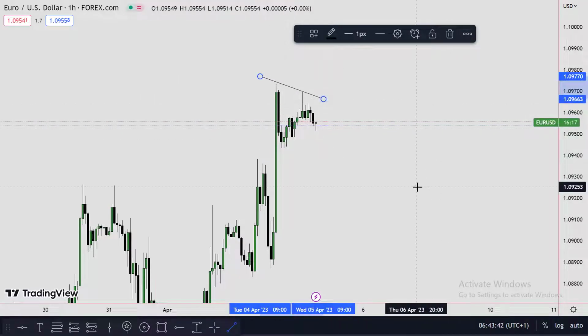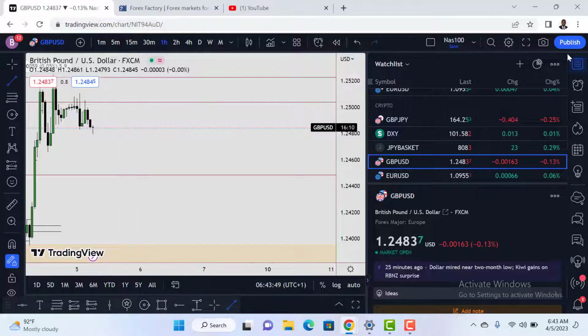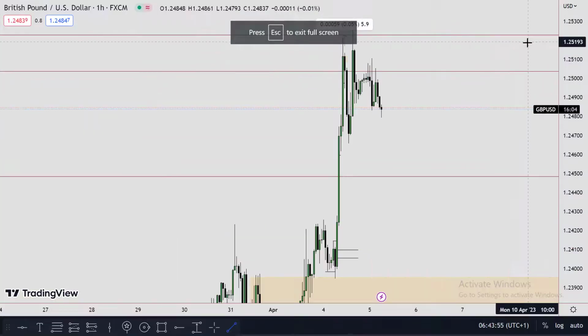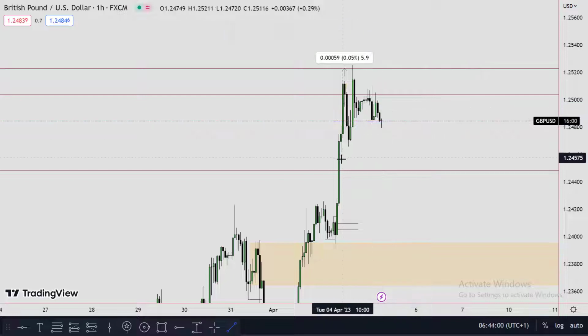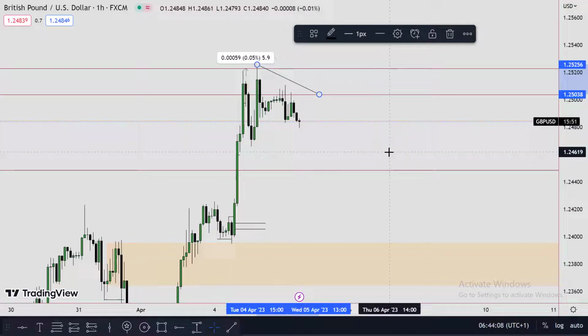The dollar has formed a lower low. Euro USD could not form a higher high. GBPUSD could not form a higher high as well. So this is SMT divergence. Okay, we will just be waiting for time and price to blend in the London session before we start to take trades.